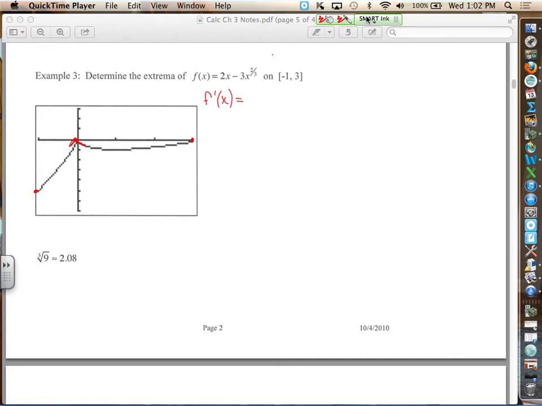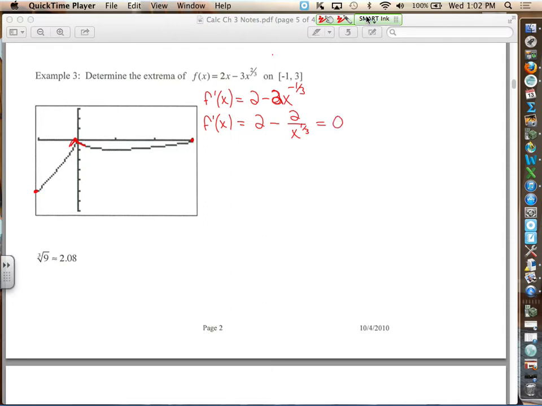So the derivative for this is going to be 2 minus 2 times x to the negative 1/3 power. Actually, it gives me negative 2. Fix that, sorry. So I got the derivative. Maybe I want to write that this way: 2 minus 2 over x to the positive 1/3.